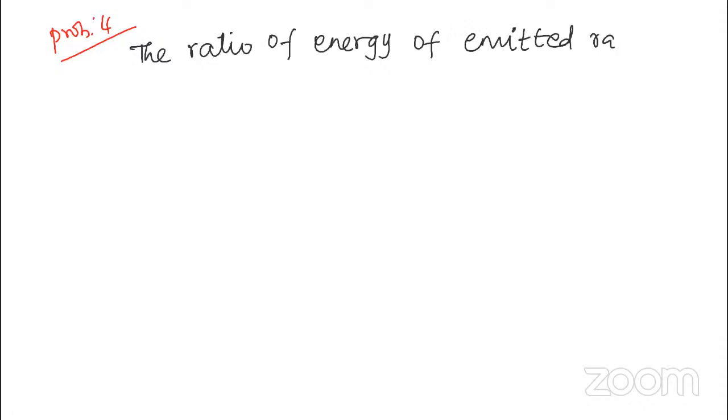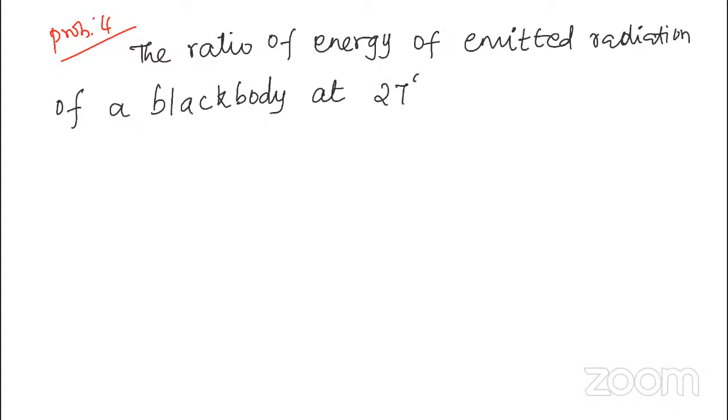The ratio of energy of emitted radiation of a black body at 27 degree centigrade and 927 degree centigrade.